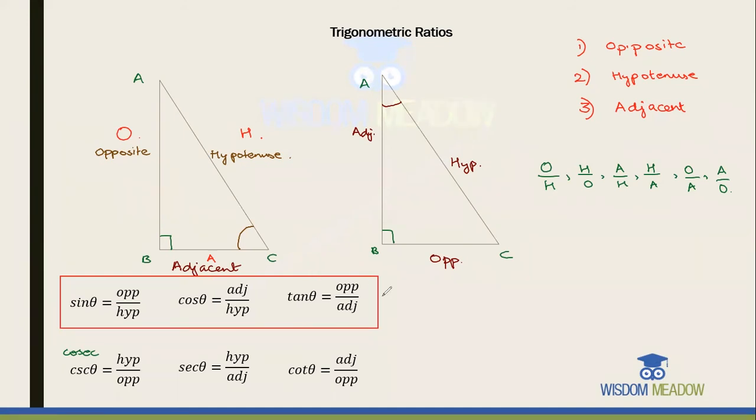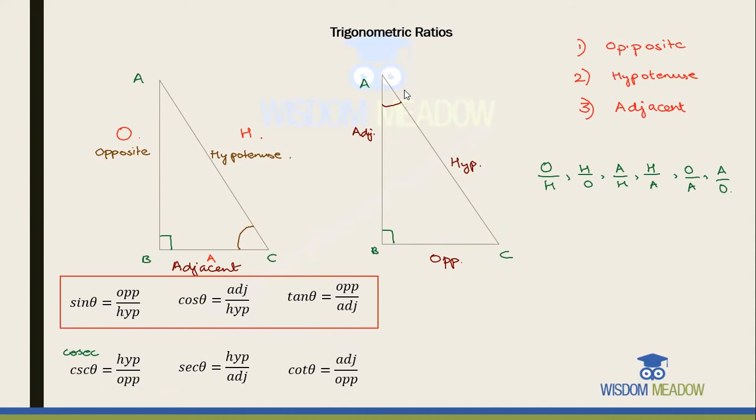So if you remember these 3, you can understand the other 3, because you could very well see that cosec is a reciprocal of sine. Sec is a reciprocal of cos, and cot is a reciprocal of tan. So the first 3 are important.